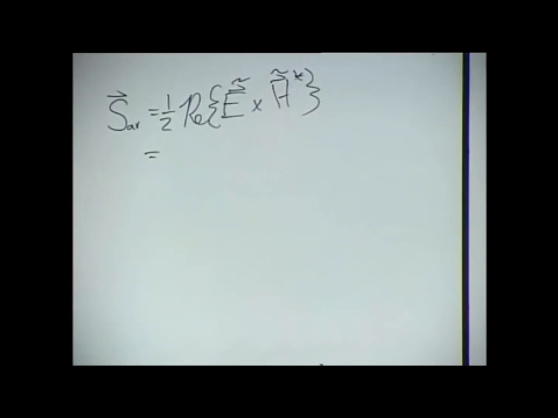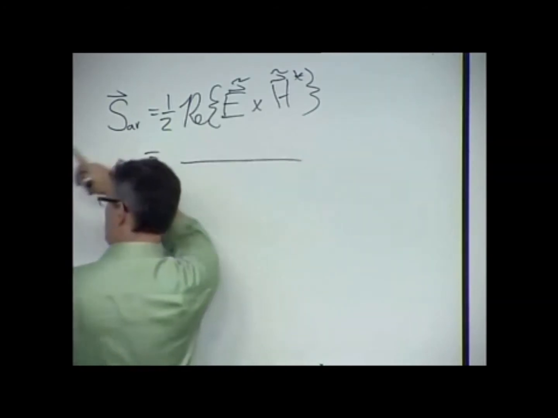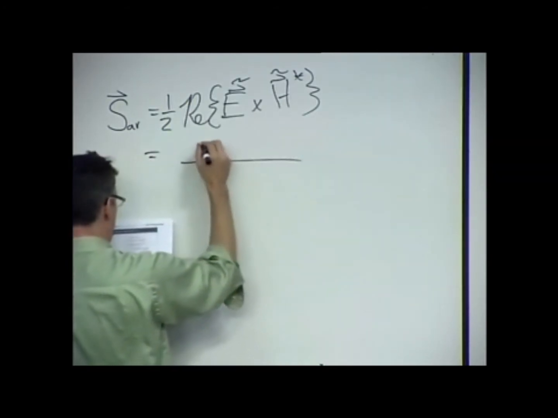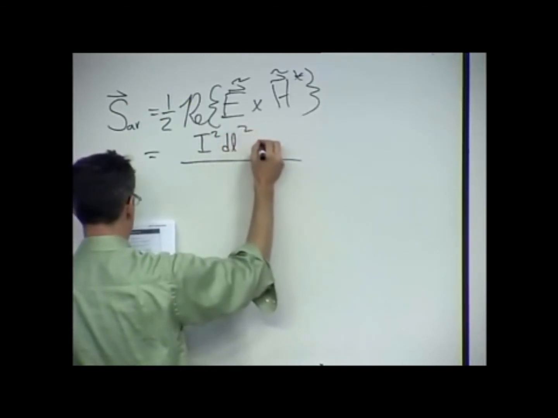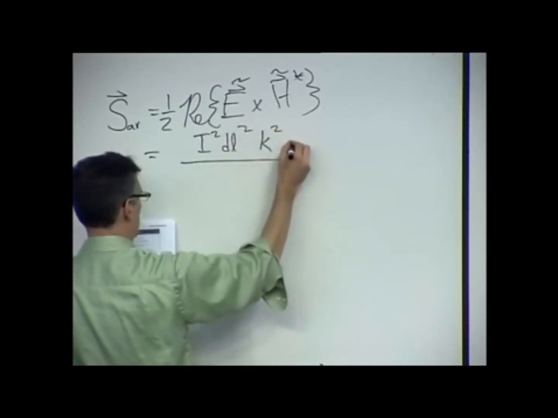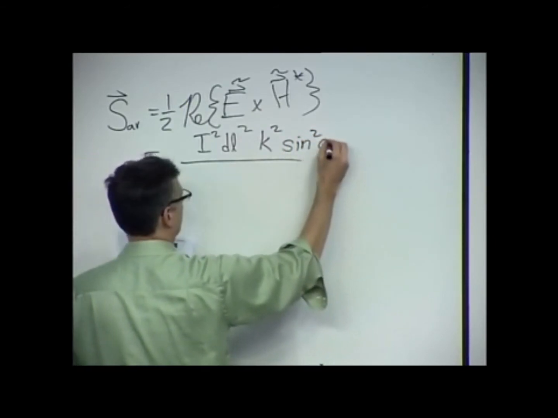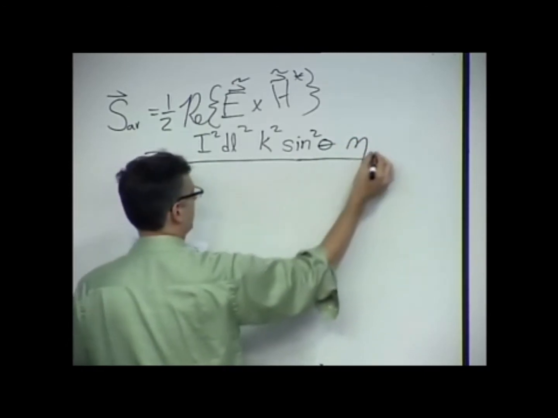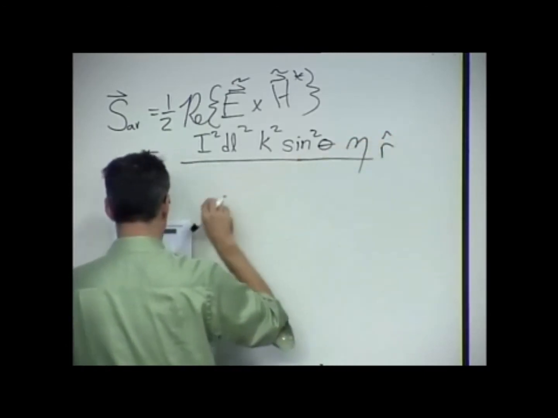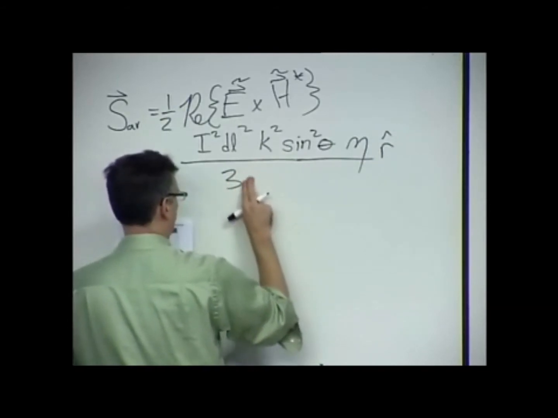I've got an expression now for the far field of E and H, so I'm going to write what it comes out to be when I do all the math here. I get I squared dl squared k squared sine squared theta, and of course an eta, in the r hat direction, power carried away from the origin.